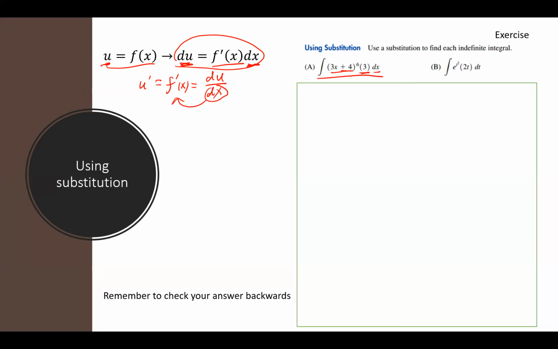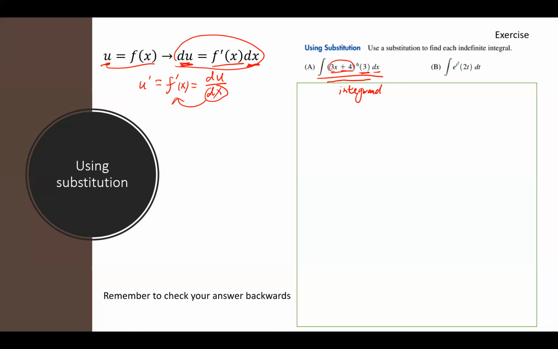Now, what this means is that we actually have two terms to worry about. If I had just one term in the integrand, then it would be much easier to calculate, right?